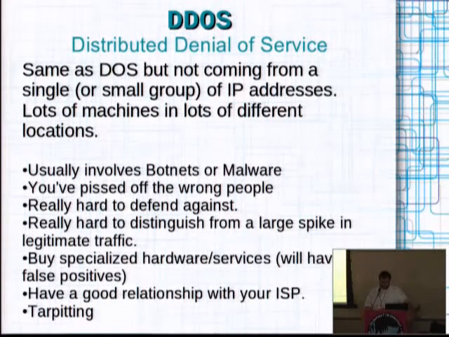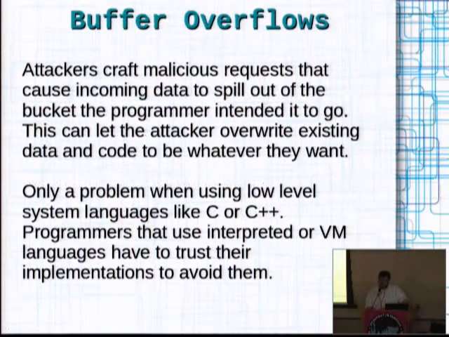Buffer overflows aren't something we think about a lot in Perl, because we're running on a virtual machine with interpreted code, so we're not writing a lot of C most of the time. But a lot of the modules you use will be written in C. Perl itself is written in C, so P5P deals with buffer overflows and protects against those. So if you have to use some C, pick something that's tried and true.